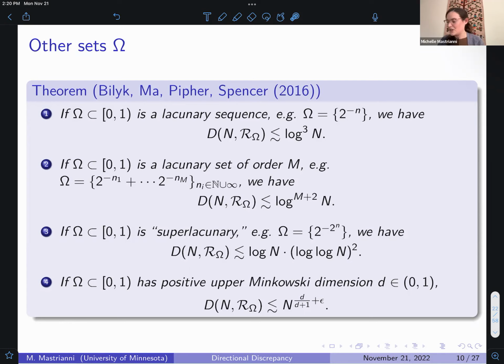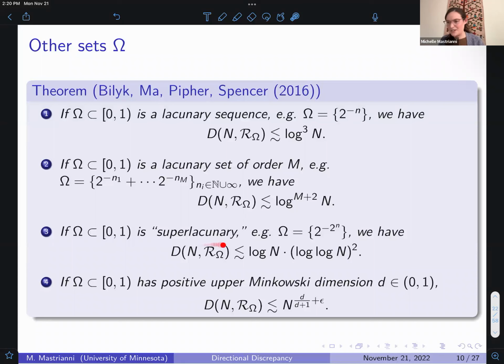And the thing to note here is really that, for example, a Lacunary set is like a sum of several Lacunary sequences. So that's a denser set than just a single Lacunary sequence. And the discrepancy, the power is going to be larger in that case. So the denser the set, the larger the discrepancy. This makes sense.